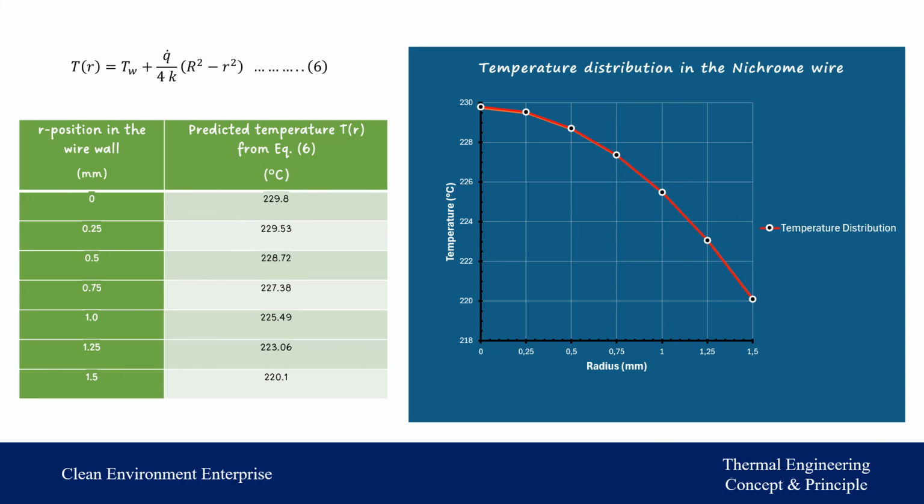Then we will get a curve just like that, the red one, and it shows the temperature falls as you move from the center, which has the maximum value, down to the wall temperature, which is around 220, which is exposed to the fluid, and it has a convection part of heat transfer.